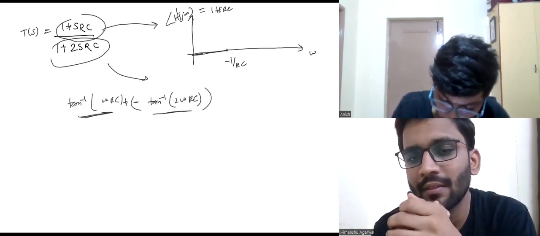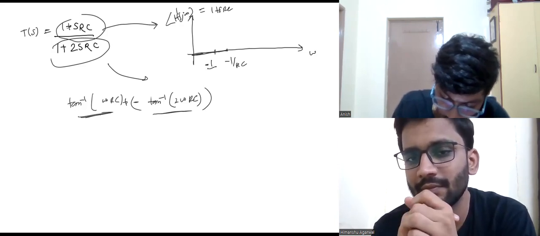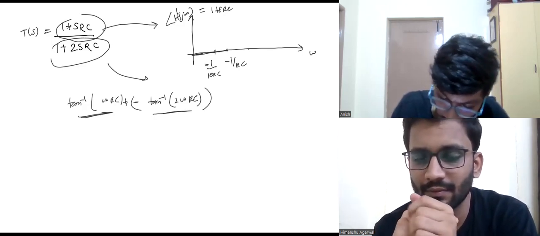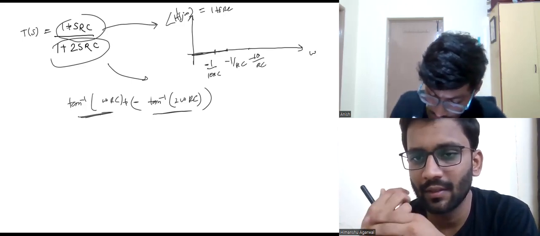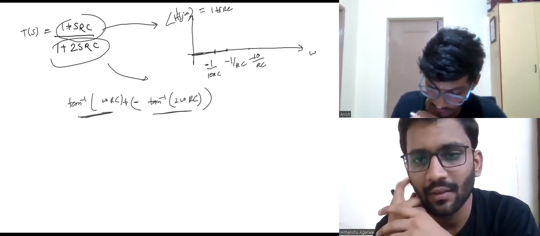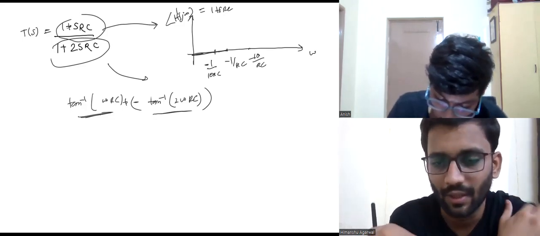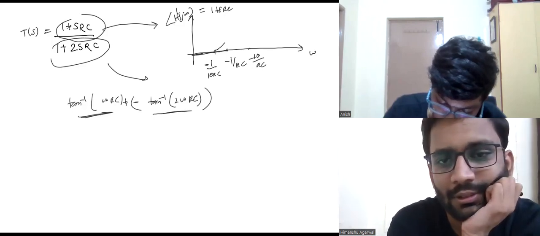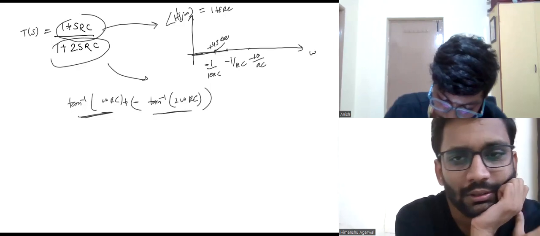Before this corner frequency, starting one decade before, so minus 1 by 10 RC, and up to 10 times this corner frequency, 10 by RC, the Bode phase plot has a slope of 45 degrees. If it is a zero, it is positive 45, and negative if it's a pole. So before this, we will have one slope of plus 45 degrees per decade.